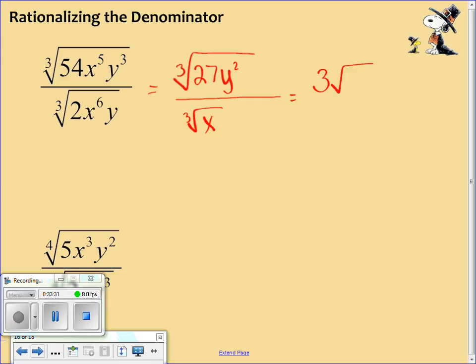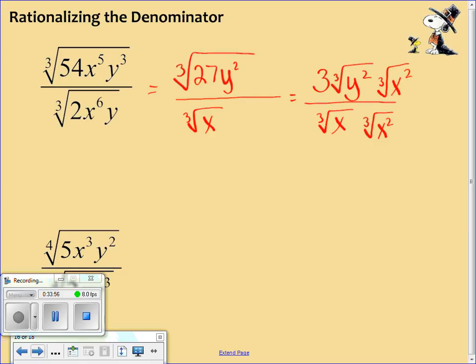I've got to leave it in. On the bottom, can I do anything with the cubed root of x? No. So right now I have an x. I need it to become an x cubed for it to go away, right? So I'm going to multiply it by the cubed root of x squared.